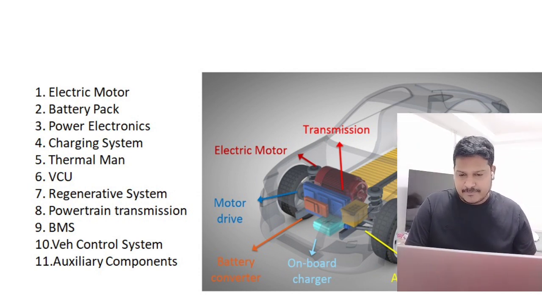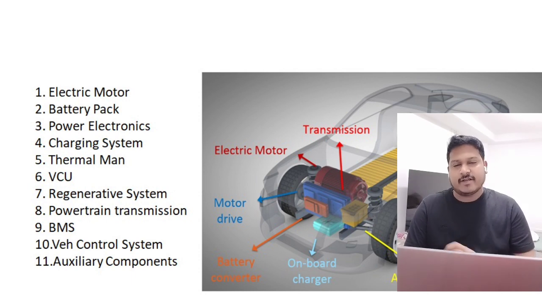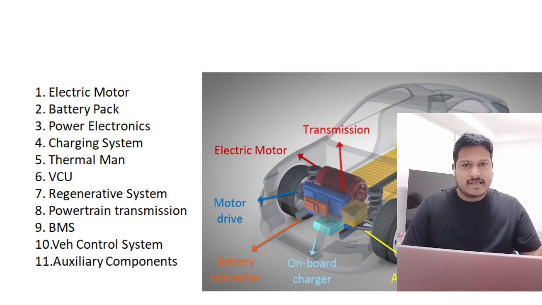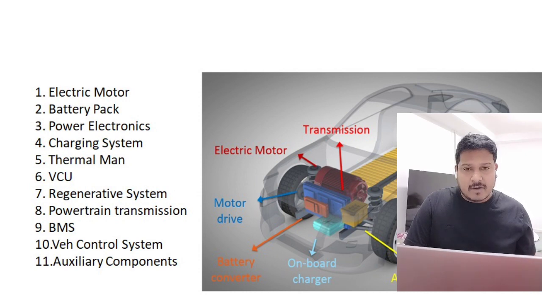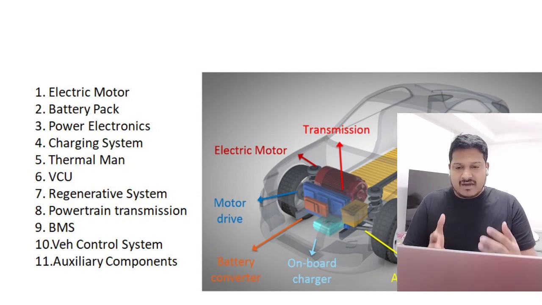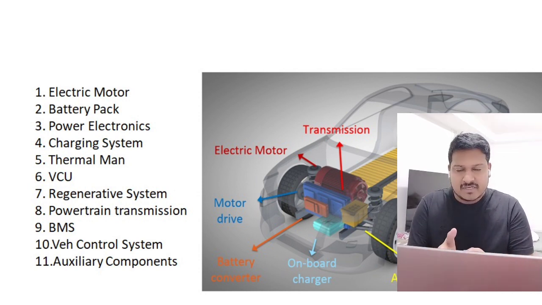First one is the electric motor. It's one of the important ones; it will take the input and give the output to the electric powertrain. Then second is the battery pack, one of the crucial components. And power electronics, which includes the inverter and converter. In our upcoming videos we'll have a separate explanation for each and every component. It's not limited to one video.